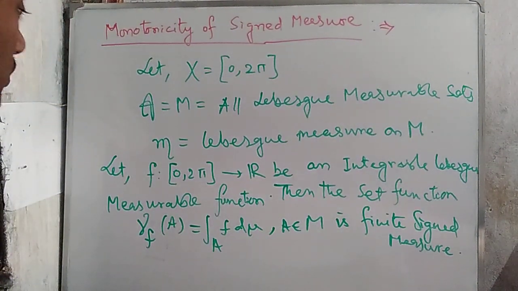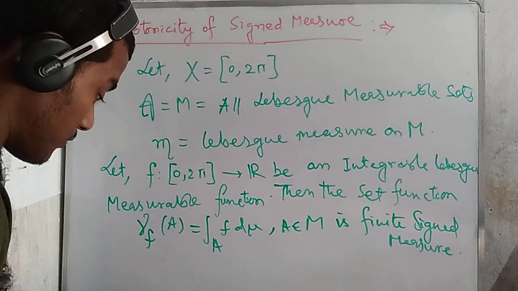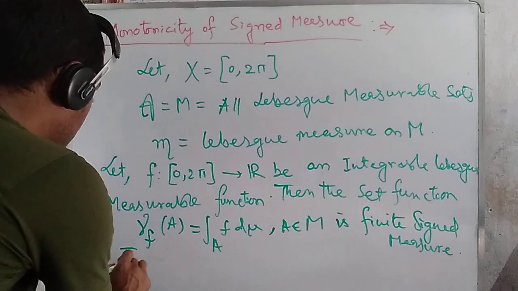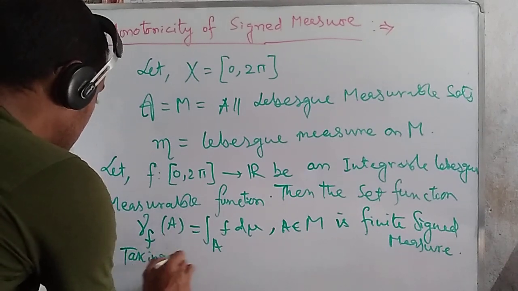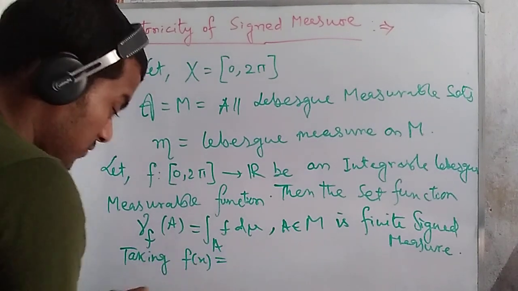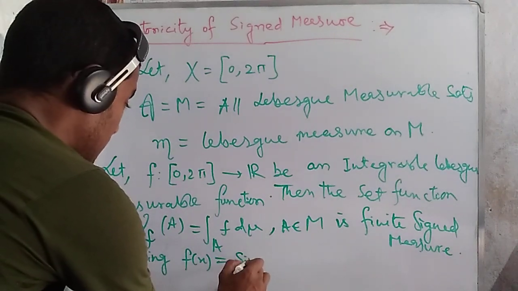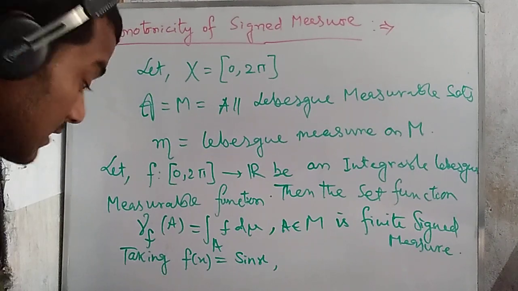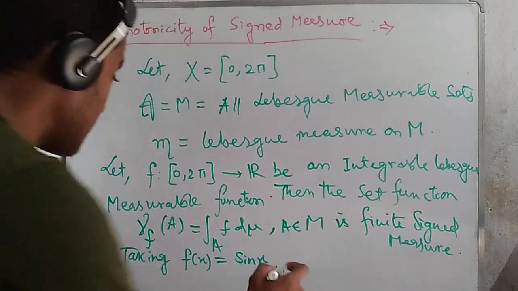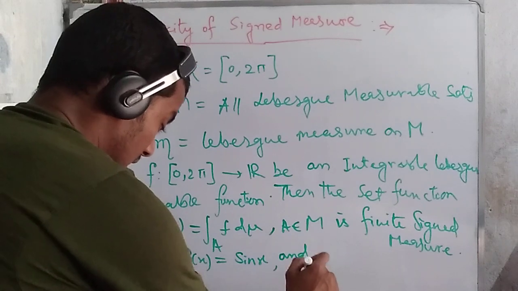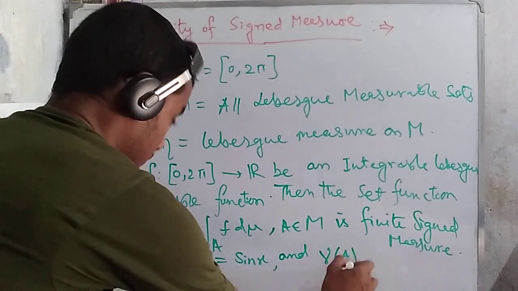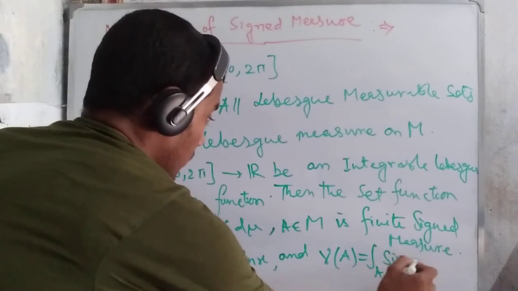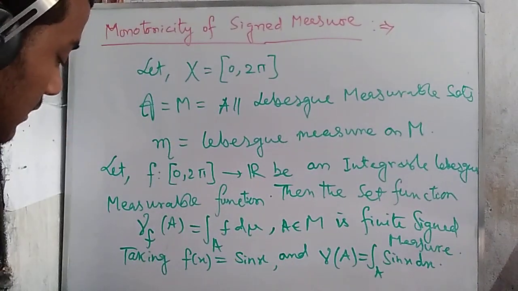Now we take f(x) equal to sin x, and γ(A) equal to the integration over A of sin x dm.